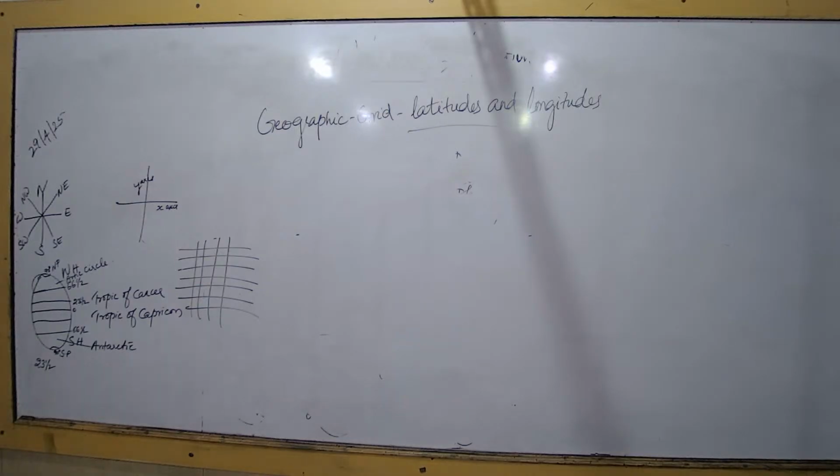Now, who was the philosopher? That also you underline. Erasmus had calculated the circumference of the earth, had devised lines of latitude and longitude to locate places of the earth.